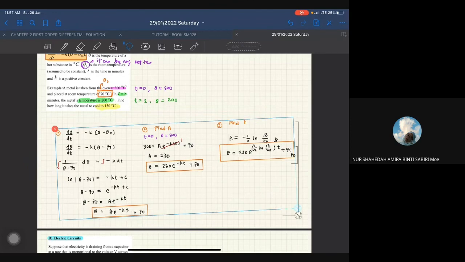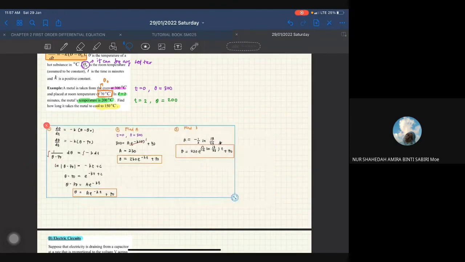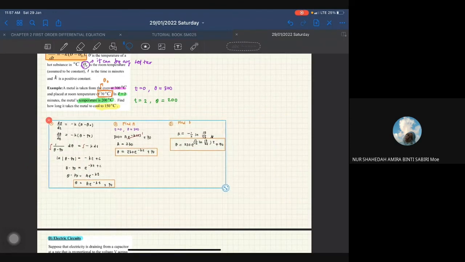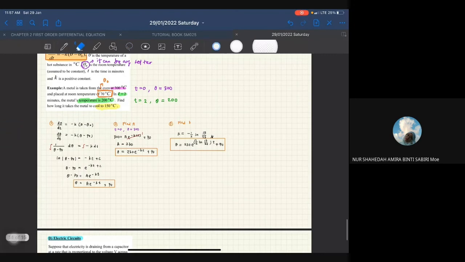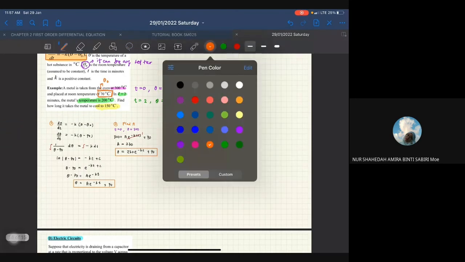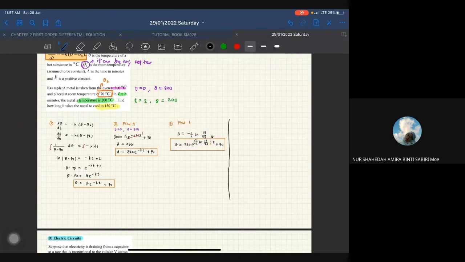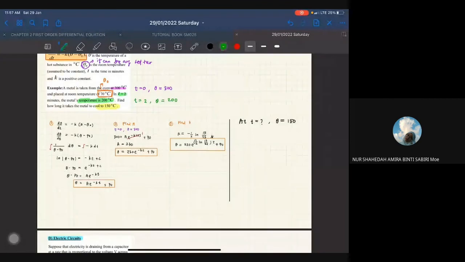Okay, saya resize kecilkan je. Okay, saya tulis information dekat sebelah sini. Saya gariskan. Alright, so at T equal to berapa, awak akan dapat theta equal to 150. So you are going to use this formula.